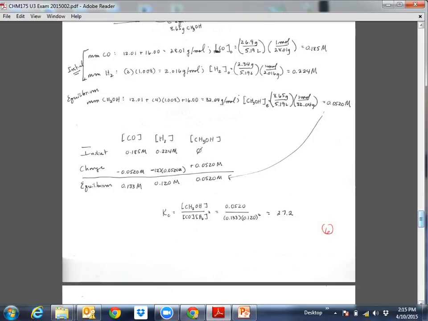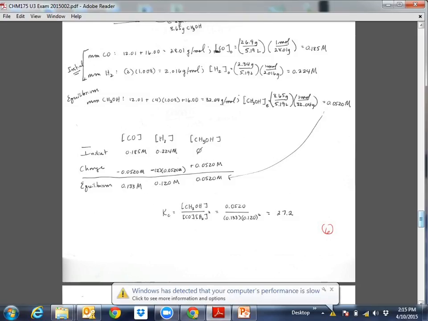You guys kind of did this in lab: the fact that the molar concentration of the CH3OH at equilibrium was 0.0520 molar, then I backtracked. That means the change was 0.0520 molar. And then these two things are decreasing, so we apply a negative change. The stoichiometry between the CH3OH and H2 is 1 to 2, so for the hydrogen there's a change of negative 2 times 0.0520 molar.